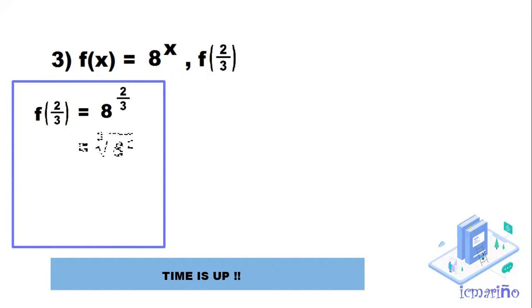So this is the cube root of 8 squared. When you square 8, that is 64. So we need to get the cube root of 64, which is 4. Did you get it right? Very good.